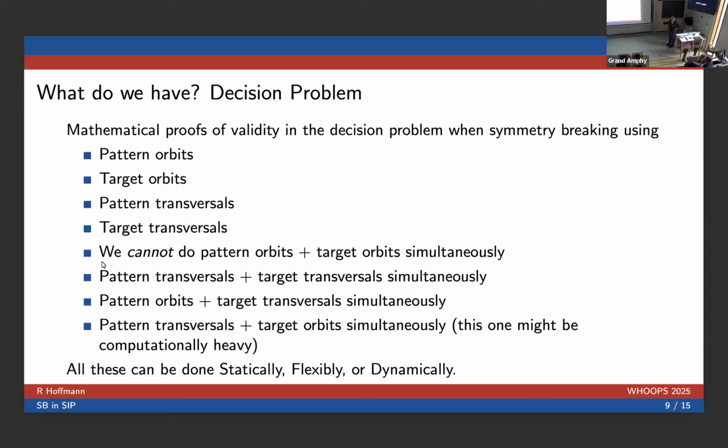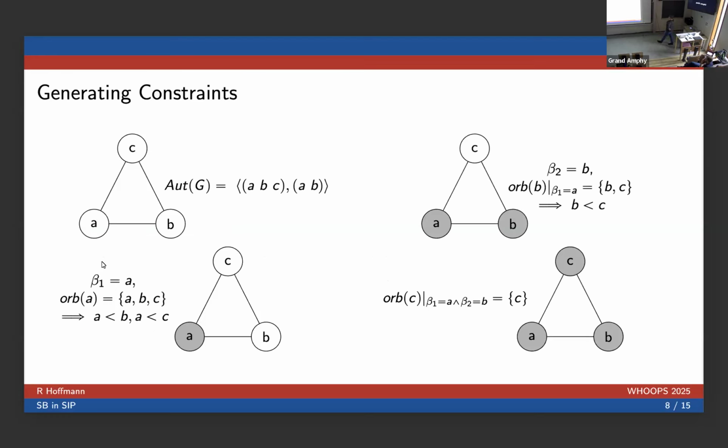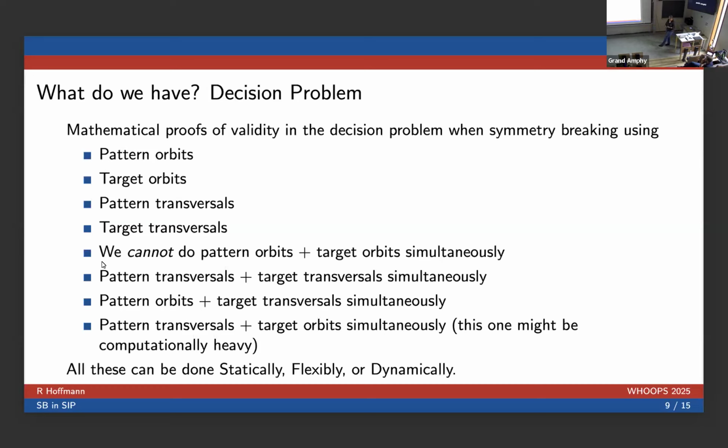We acknowledge that some of this will be computationally heavy, so we get more computation to worry about when we start worrying about targets and orbits and pattern transversals. But the way we've set this whole thing up, or the way Joe has approached it, is that by thinking about what order things are getting stabilized over, the order we're doing the assignments in, this should be applicable for static, flexi, and dynamic ordering.